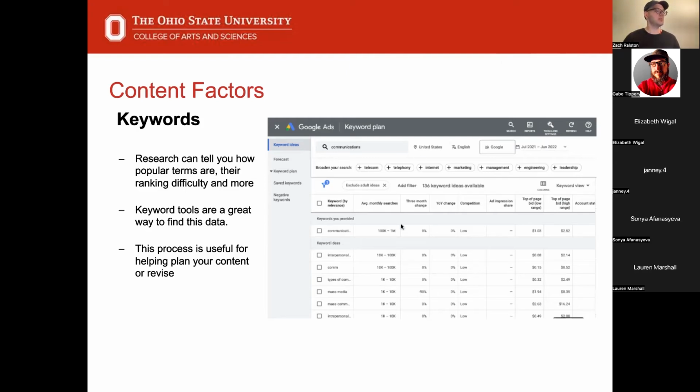So between 100,000 to 100 million searches just for that word. There's been no change in that, no surprise there. It's a low competition one, which is actually surprising, which means essentially how often that keyword is being used.